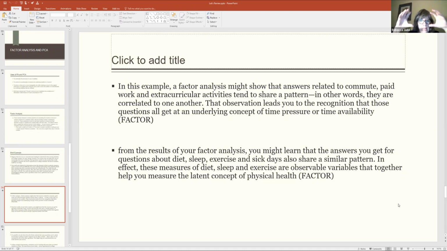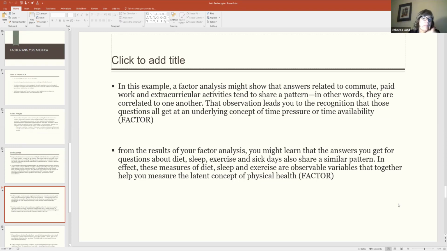So because of what they're saying here and these 3 different variables we're looking at, we determine that those are actually telling us about time pressure or time availability. That is our factor. So then we go back and we do an analysis of those 3 different measures and determine which questions are actually contributing to that factor.